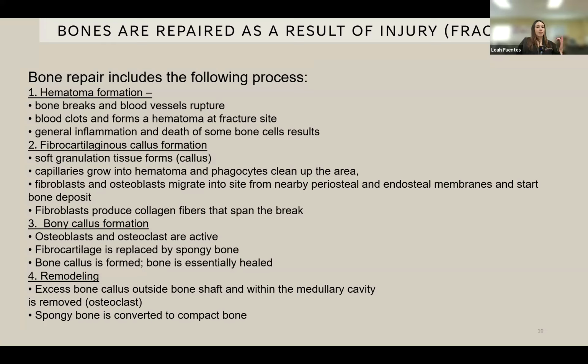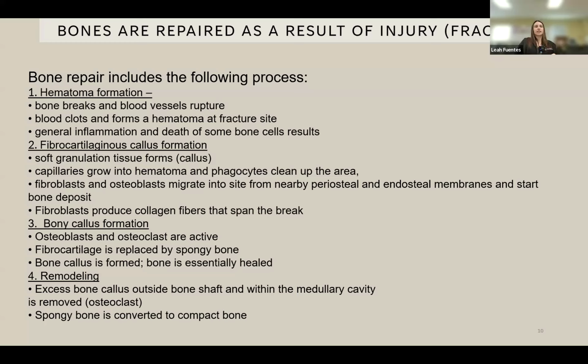And then after the fibrocartilaginous callus, we have the bony callus formation. This is when osteoblasts and osteoclasts are active, and that fibrocartilage is replaced by spongy bone. The bone callus is formed and the bone is essentially healed. This whole process is when we're talking about a minor fracture.